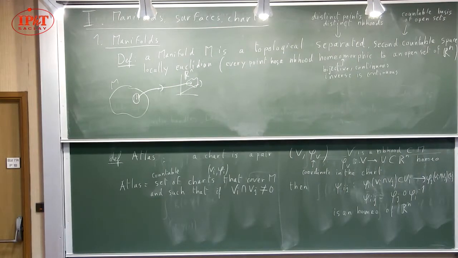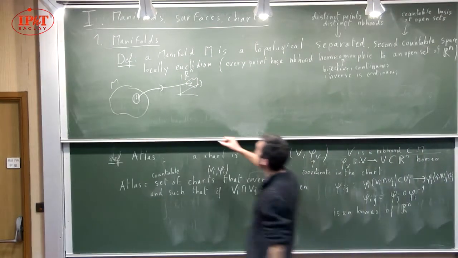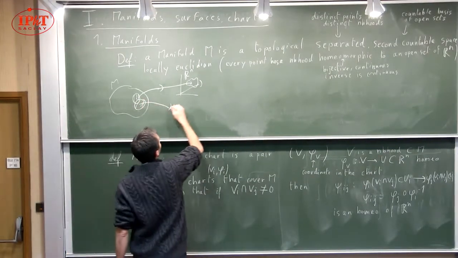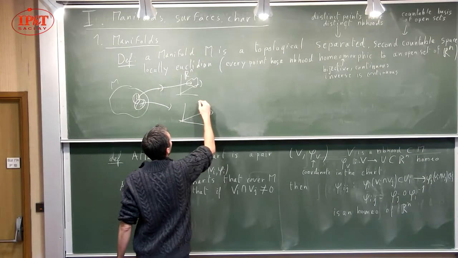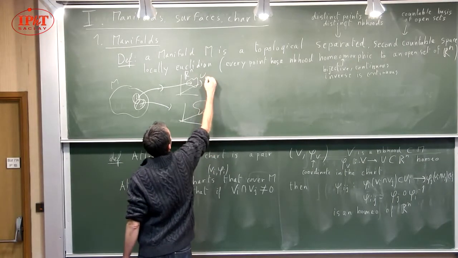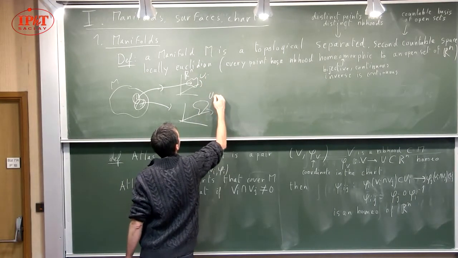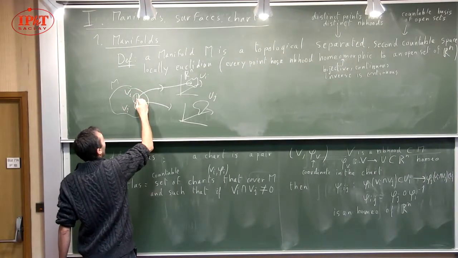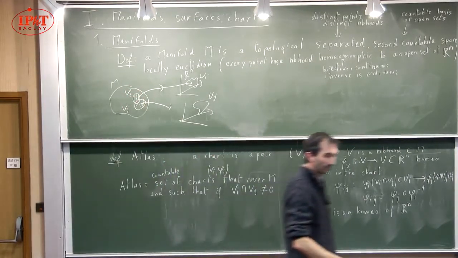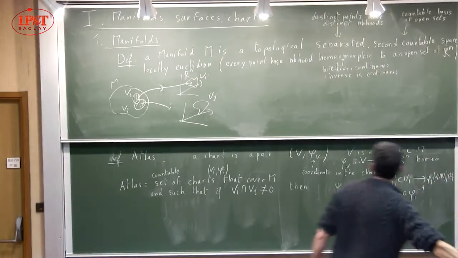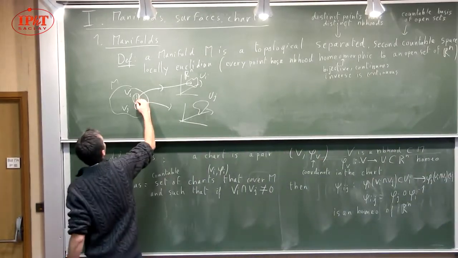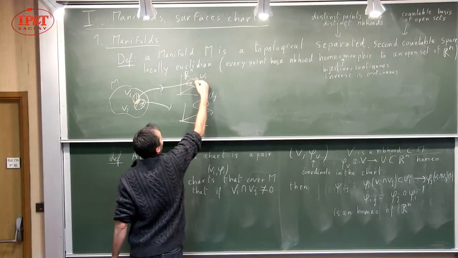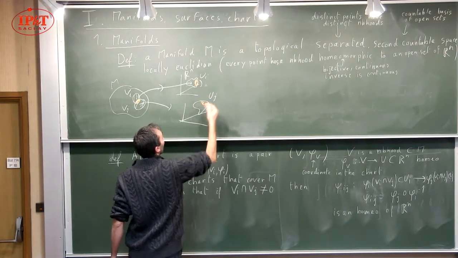So basically, if I have two cards that intersect, so this one is U_i, this one is U_j, this one was V_i and V_j. On the intersection, a point is sent to a domain there and a domain there.